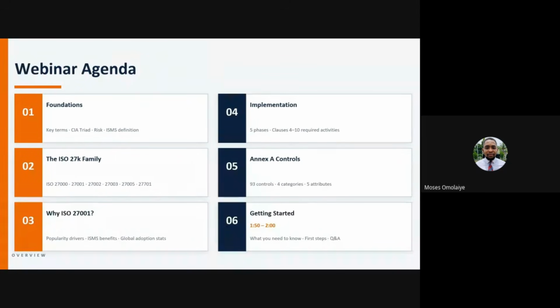We'll look at some key terms. We'll look at the ISO 27000 family. We'll look at 27001 specifically. We'll look at implementation, the phases of implementation, and then we'll look at what we call the Annex A controls and the attributes, and then what you would need to know around starting off in information security.